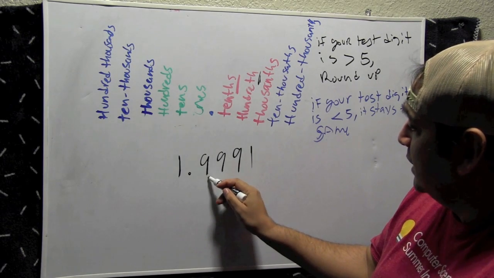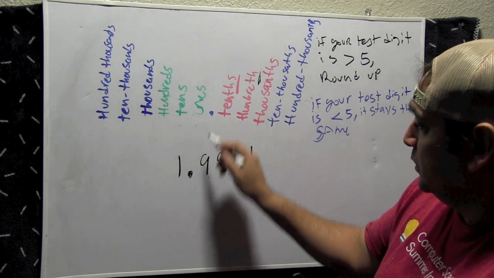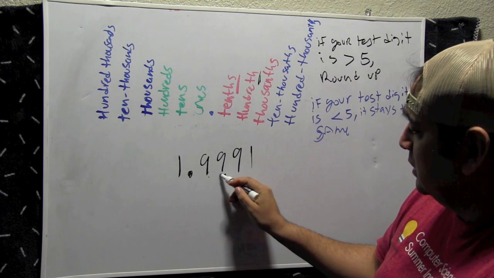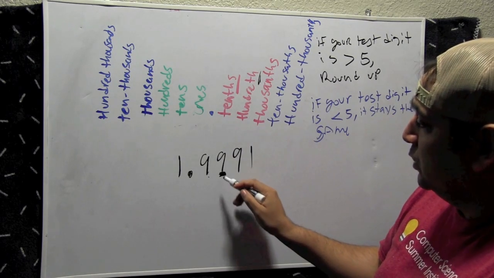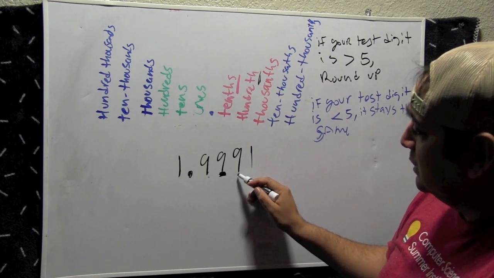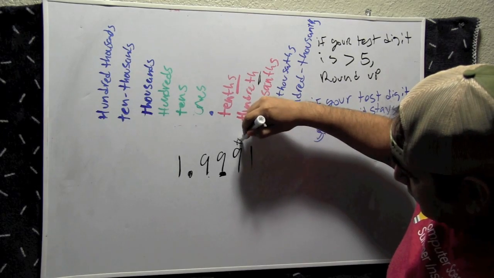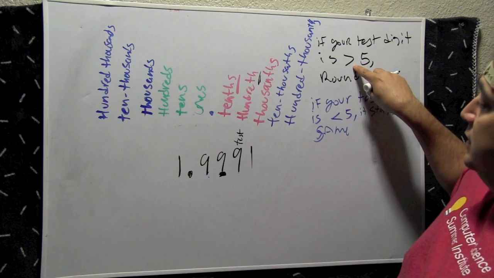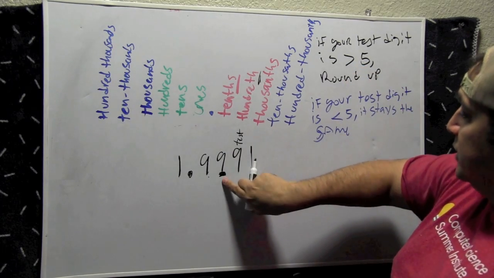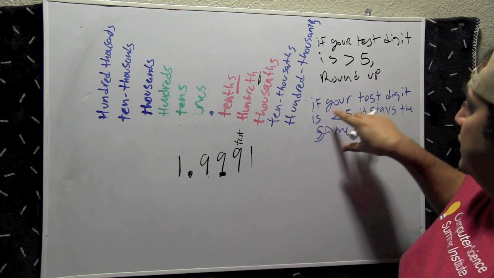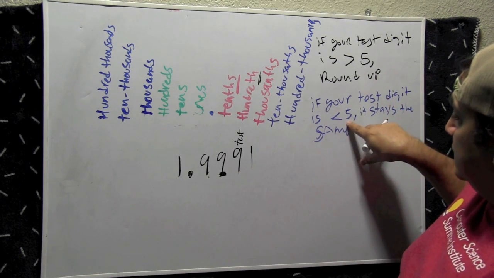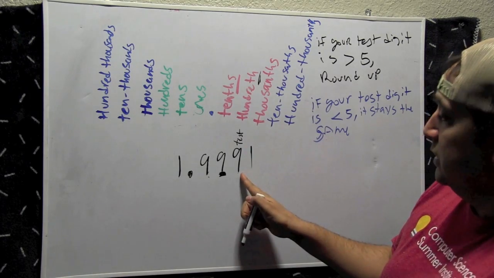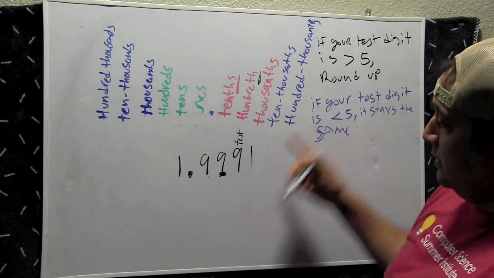So this is tenths. There's the decimal point. Tenths, hundredths. So this is the one you want to round up or down. So you look at the test digit. Again, if it's greater than 5, you round up. If your test digit is less than 5, it stays the same. You look at the test digit, it's a 9, so it's greater than 5.